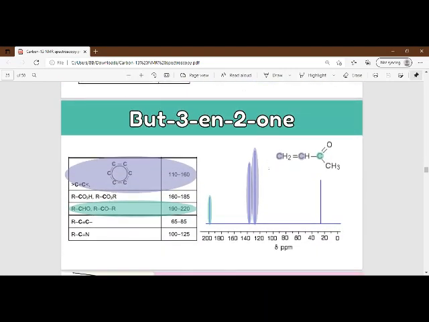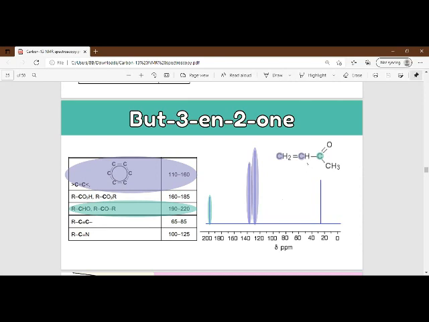Next, look at these two peaks, which are colored purple. They are around 137 and 129, and these are due to carbons at either end of a carbon-carbon double bond. So it refers to these carbons of the double bond. Notice that they aren't exactly in the same environment, and so they don't have the same shift value. The carbon that is closer to the carbon-oxygen double bond has a larger value.